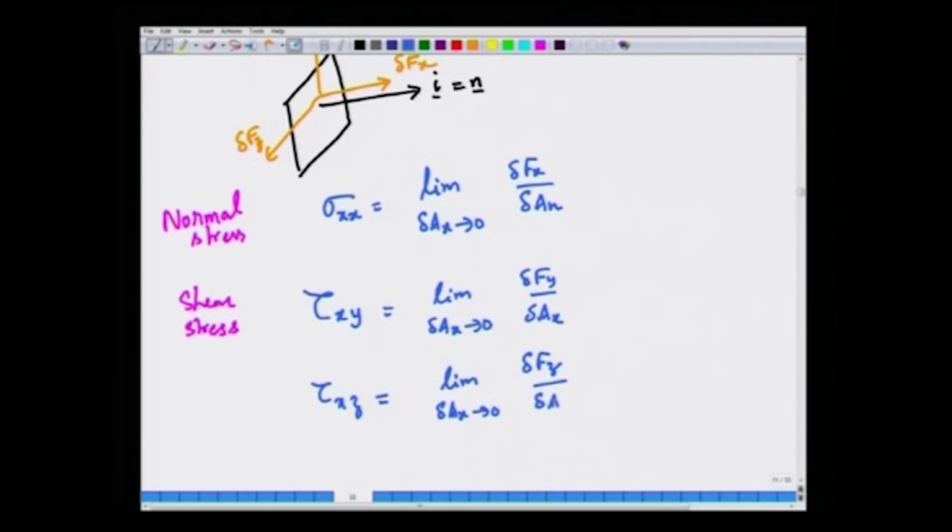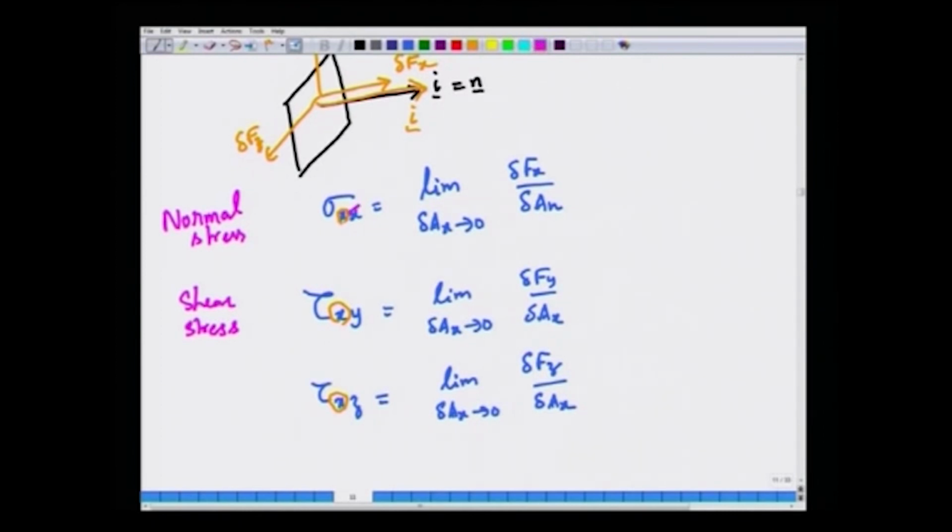Notice that there are two subscripts to the stresses. The first subscript, in our convention x, denotes the plane on which the force is acting. It is the direction of the unit outward normal to the surface on which the force is acting. So, the unit outward normal on this surface is in the x direction, and this x points to that.